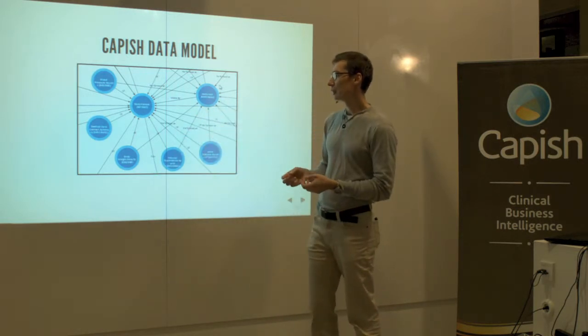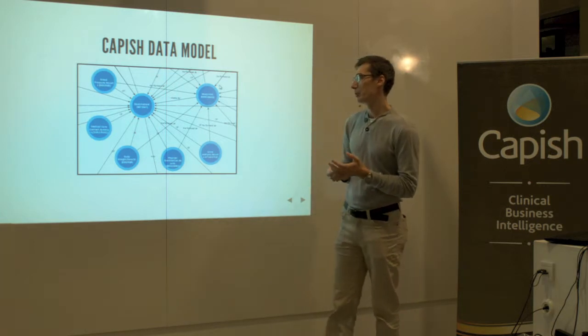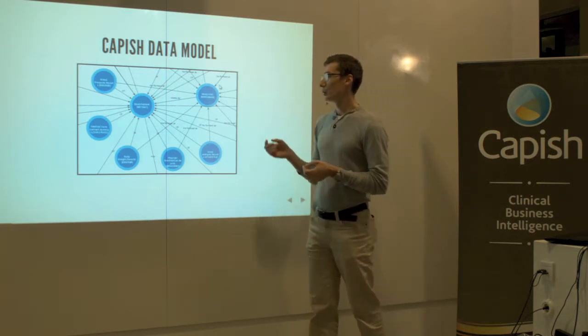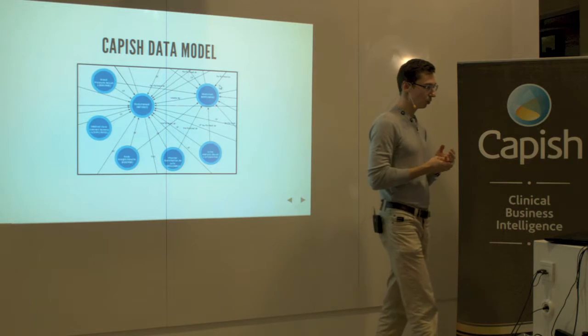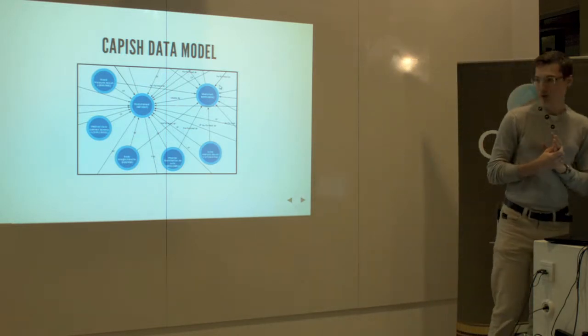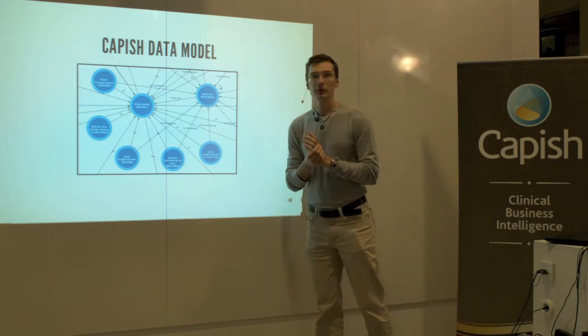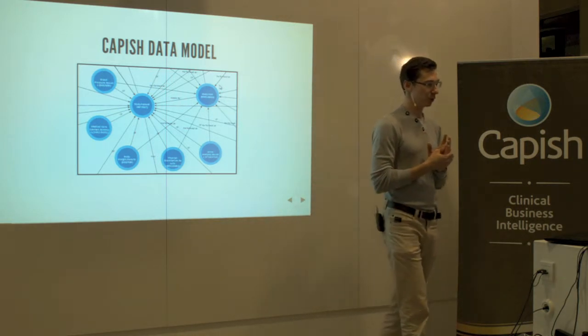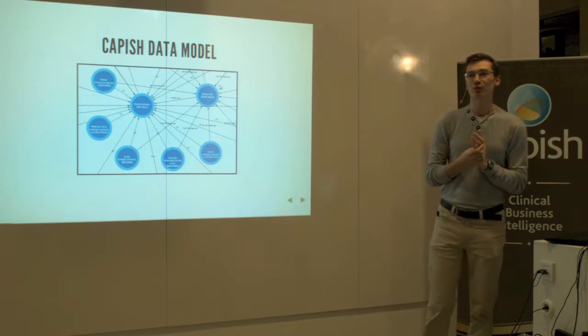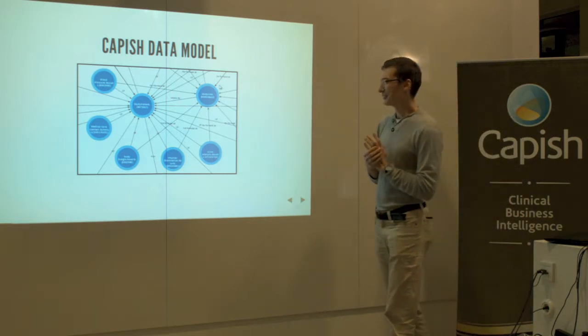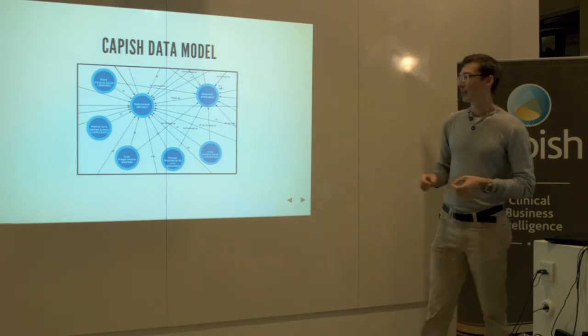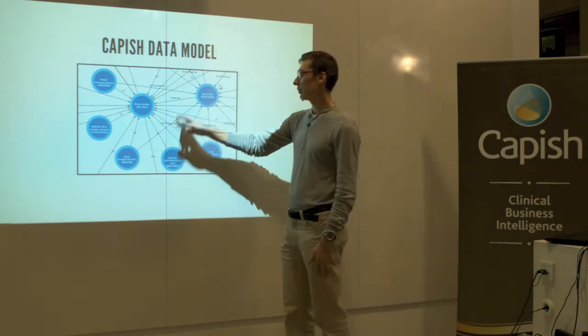And relations are directed and labeled, so they have names. And nodes, we call them objects, or also another more Capish-specific word, we call them columns. But I will skip that and call them objects just to avoid confusing you. So, graph. The relations are quite simple.